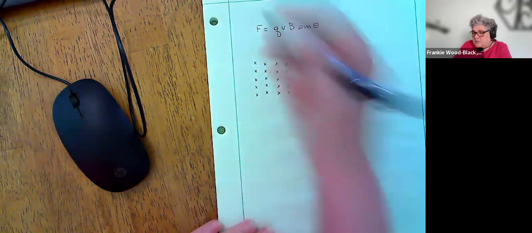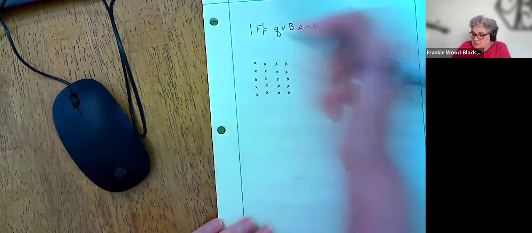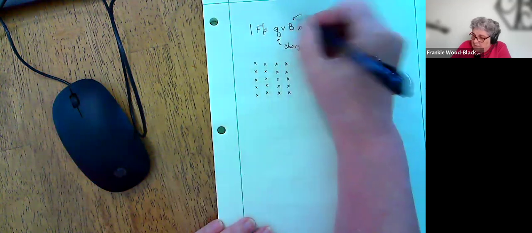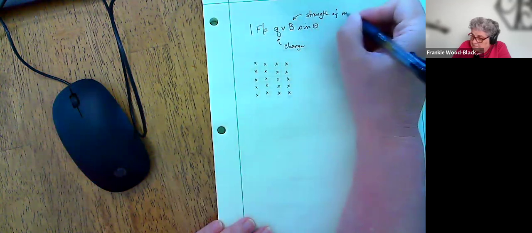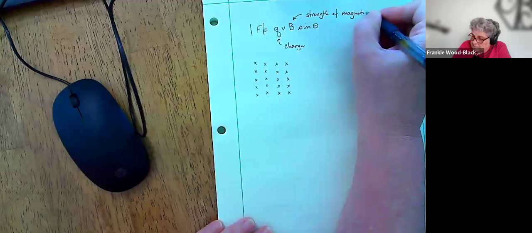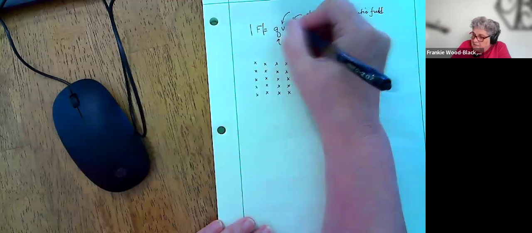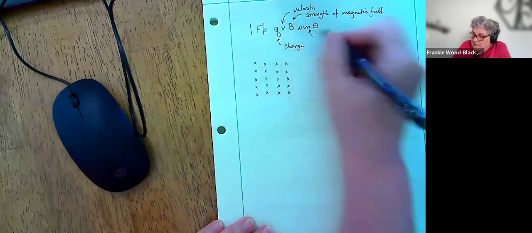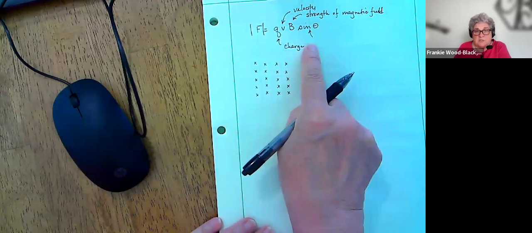If I were dealing with a single charge, this is the charge, this is the strength of the magnetic field, this is the velocity, and this is the angle in the field. So it's going to be maximum if I'm perpendicular to the field.